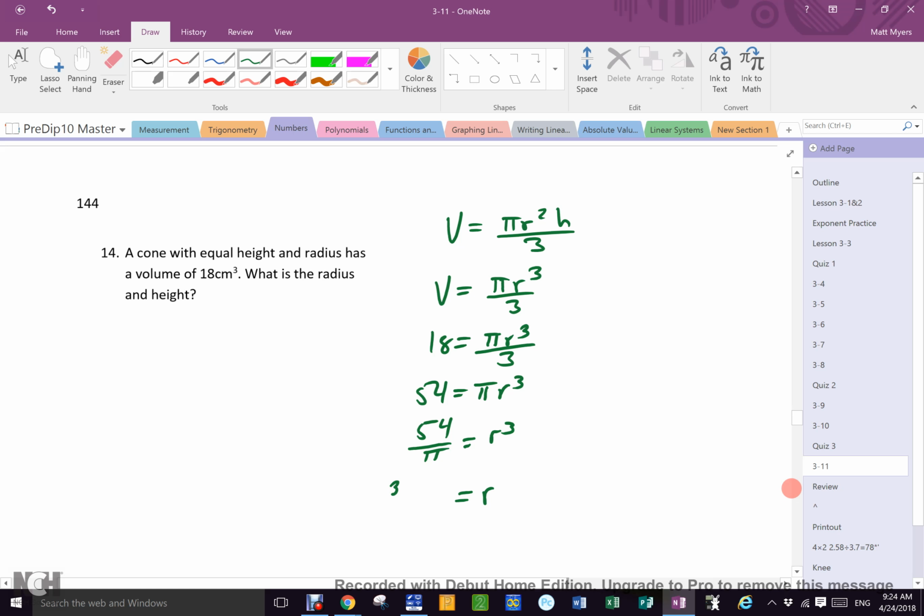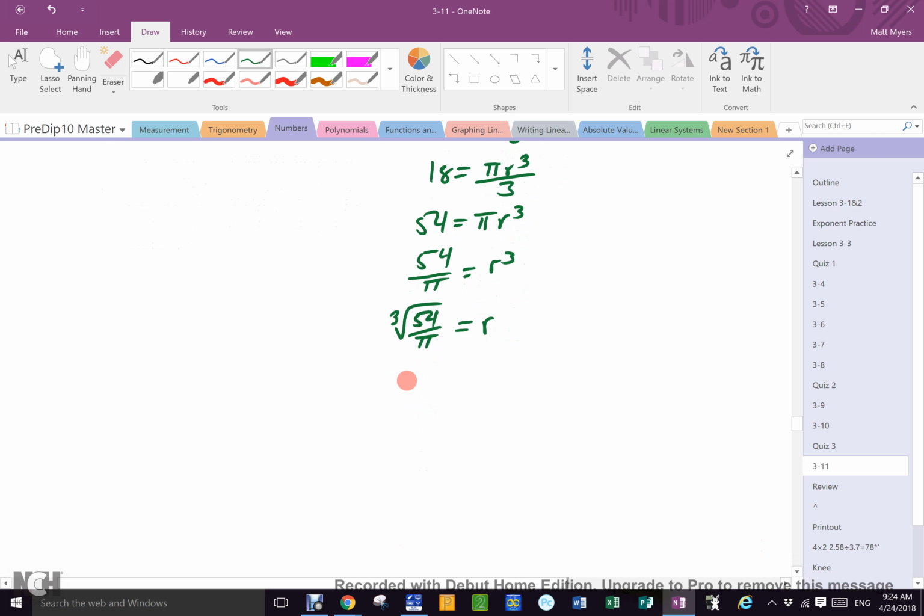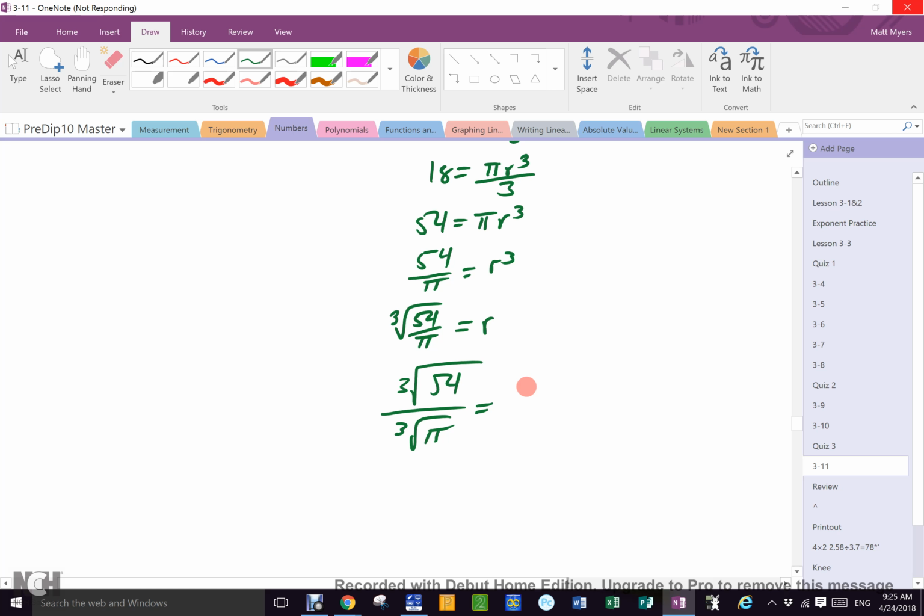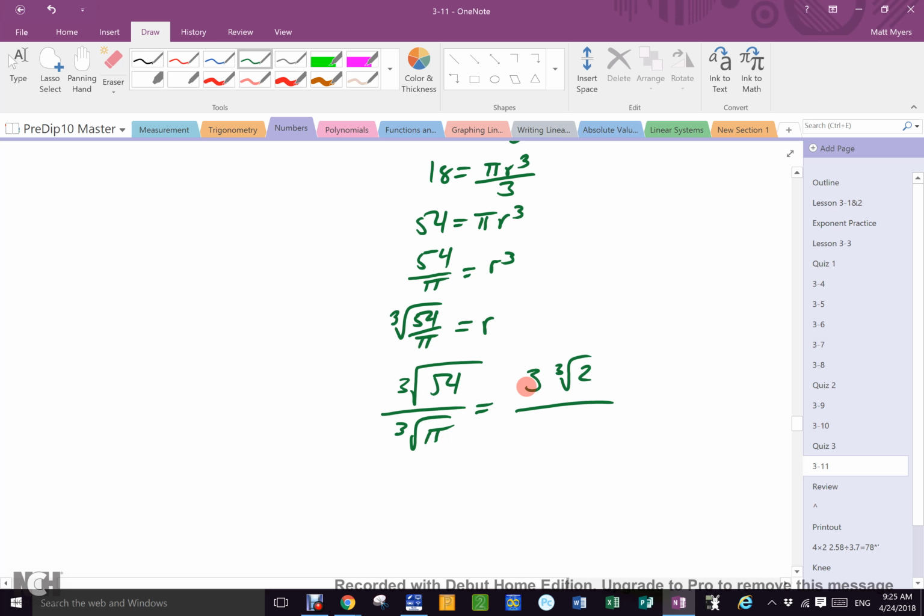Now, if you want to take that one step further, which is always good to show me as much math as you possibly can, that is the same as the cube root of 54 over the cube root of pi. 54 is 27 times 2, so that's 3 cube root 2 over the cube root of pi.